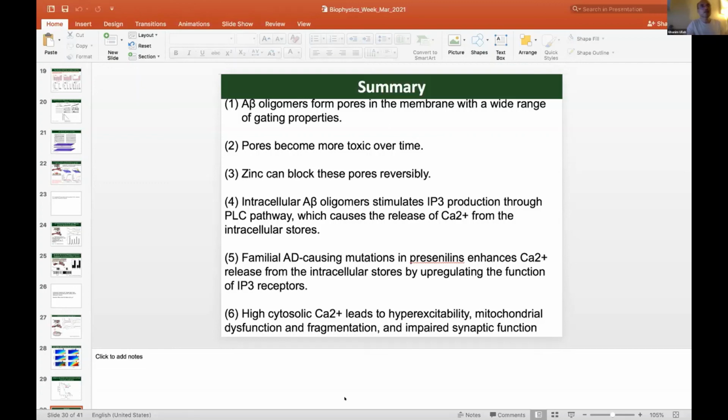So they are not pores where you apply a driving force and the calcium just keeps flowing in. They open and close, and all of them do that. So there is a gating mechanism to it. We don't know where that gating mechanism comes from. But they are not just openings that would allow a non-stop flow of calcium.